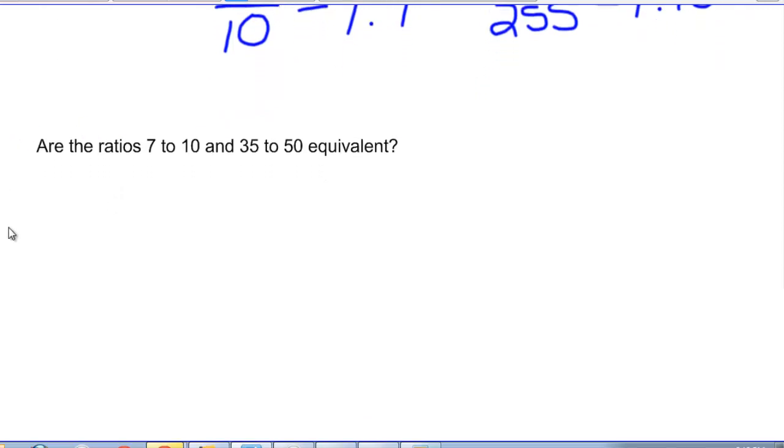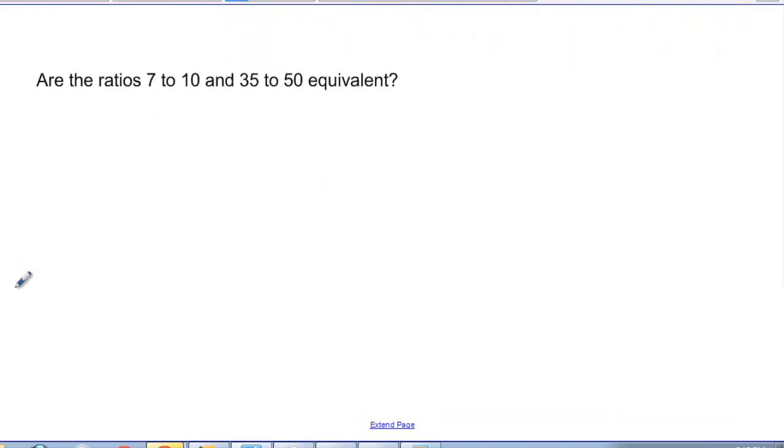Let's look at our other two methods for this second example here. We talked about how you can simplify two ratios and see if they simplify to the same thing, or we could also cross multiply. And I think either one of those methods would work here to compare these two ratios.